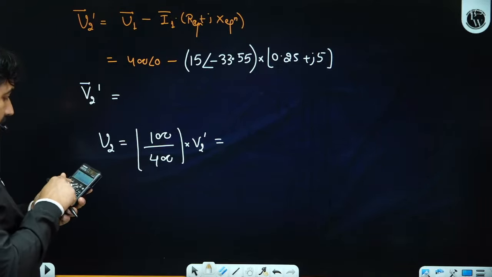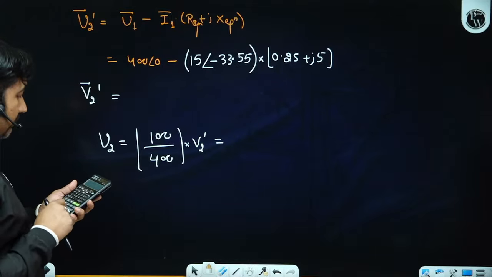So 15 at angle minus the answer. Why am I taking minus?